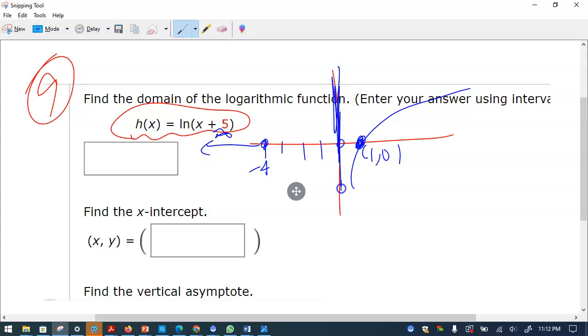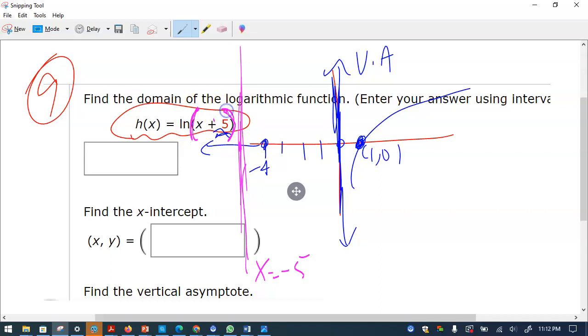And the y-axis, the vertical asymptote, now will move to the left side. So it will go till here. So this will be the vertical asymptote, which is x equals minus 5. And you can see it is very easy to figure out a vertical asymptote by just changing this plus 5 to minus 5 there, and the graph will be this one.